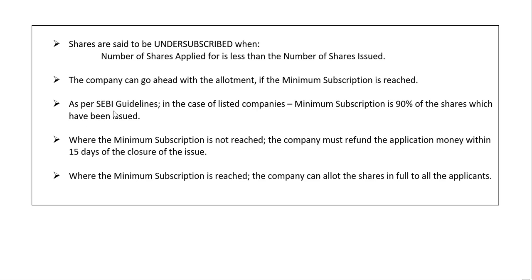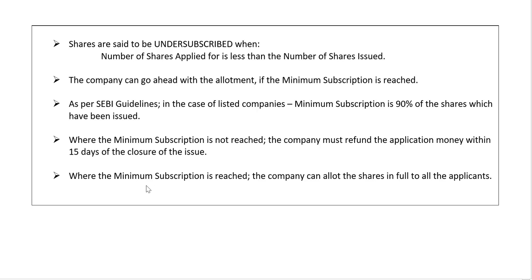As per SEBI guidelines, in the case of listed companies, minimum subscription is 90% of the shares which have been issued. Where the minimum subscription is not reached, the company must refund the application money within 15 days of the closure of the issue.